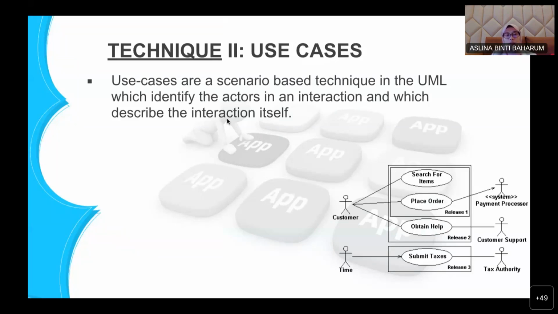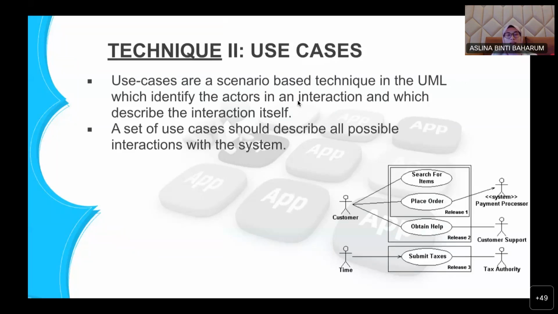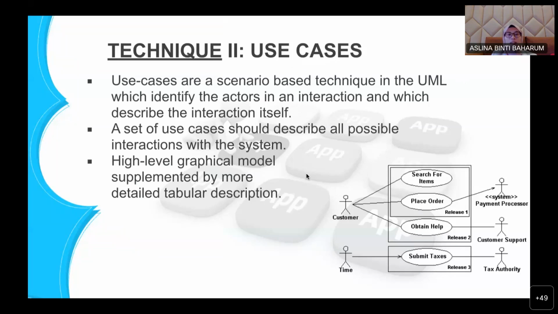Second technique is using use cases. This is well known from UML. Later on you will be using use cases when doing UML. You need to draw the roles and also the scenario. A set of use cases should describe all possible interactions in the system.